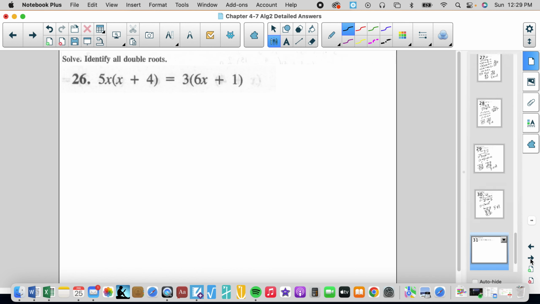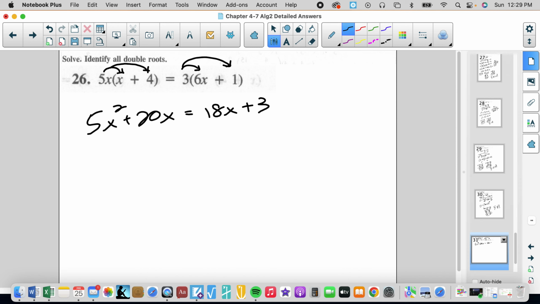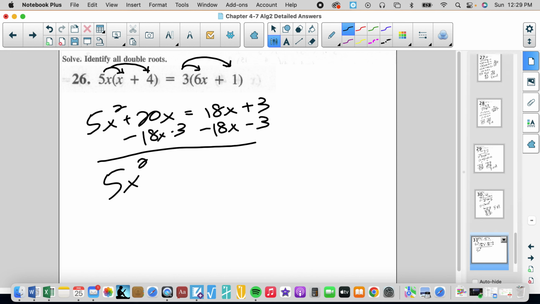Let's do it right. Distribute out first. You get 5x squared plus 20x equals 18x plus 3. Let's move the terms over on this side because I have my 5x squared, which needs to be positive.